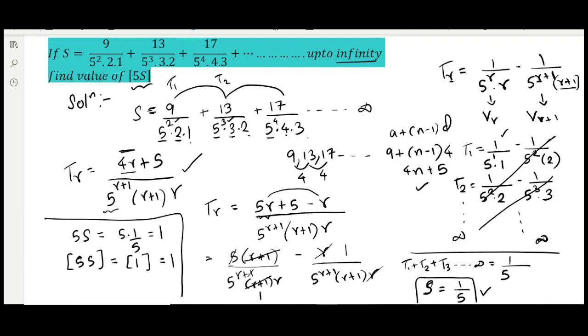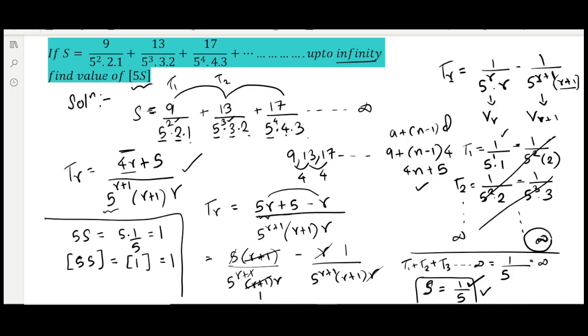The reason is that though we did not get the last term, there will be a last term which will get subtracted from 1 by 5. There will be a term in the end that gets subtracted from the 1 by 5. So this is not exactly 1 by 5, it's tending to 1 by 5, but from the left hand side.